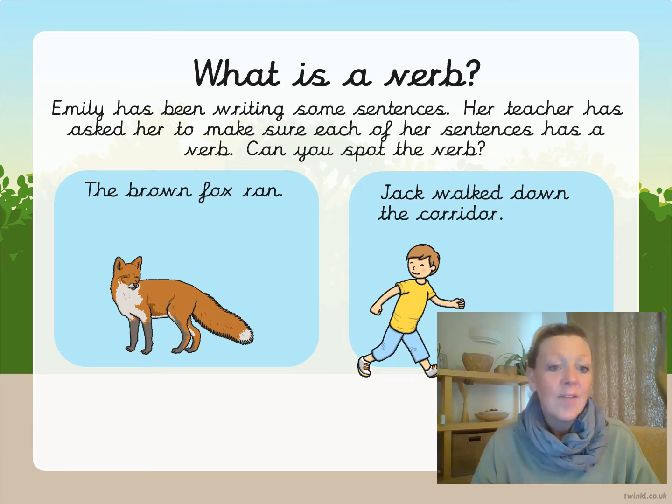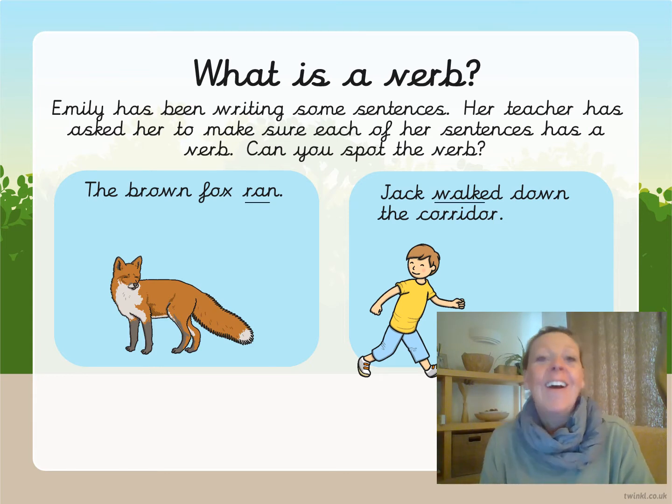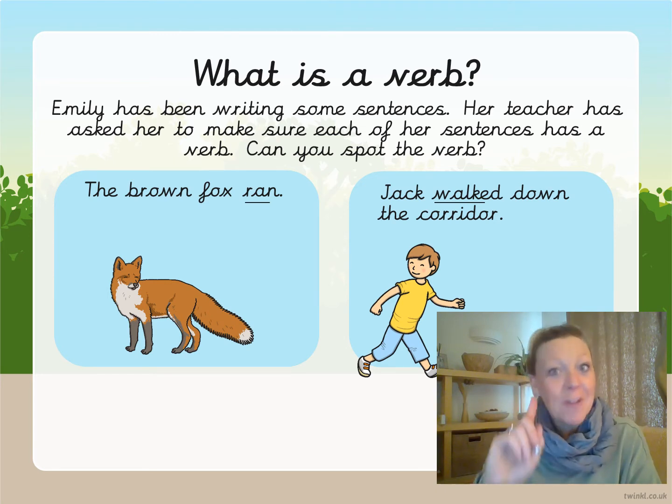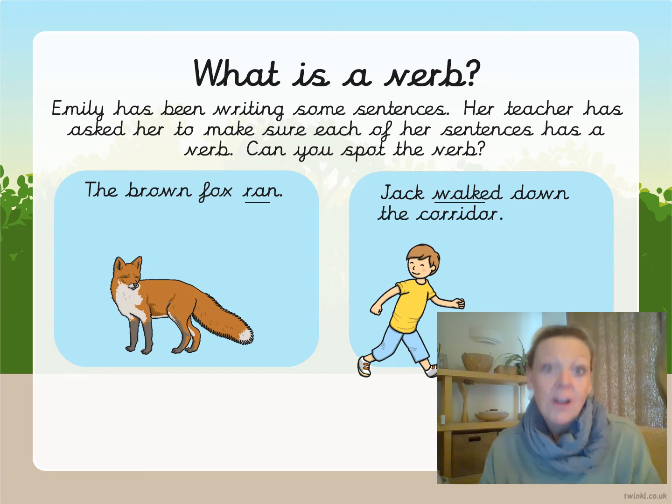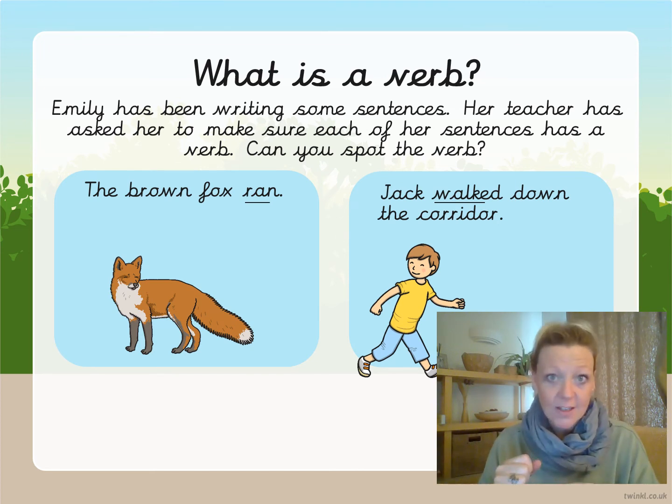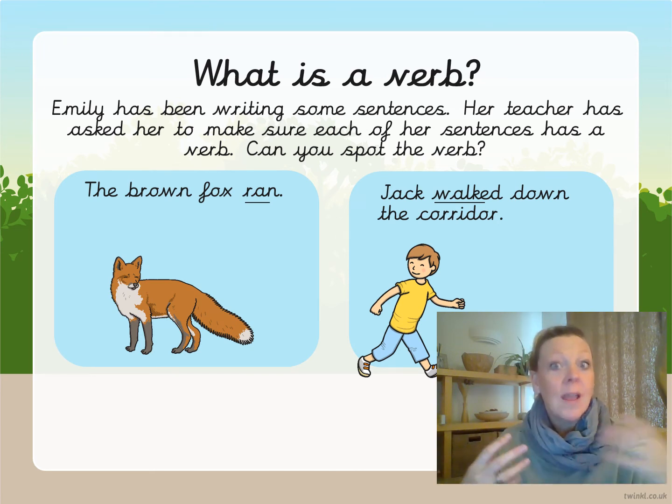So we have the brown fox ran and Jack walked down the corridor. Which word is the verb? Ran and walked. I hope you got that right and that you remembered that a verb is a doing word, or I like to call it an action word. It's when something or someone makes an action.